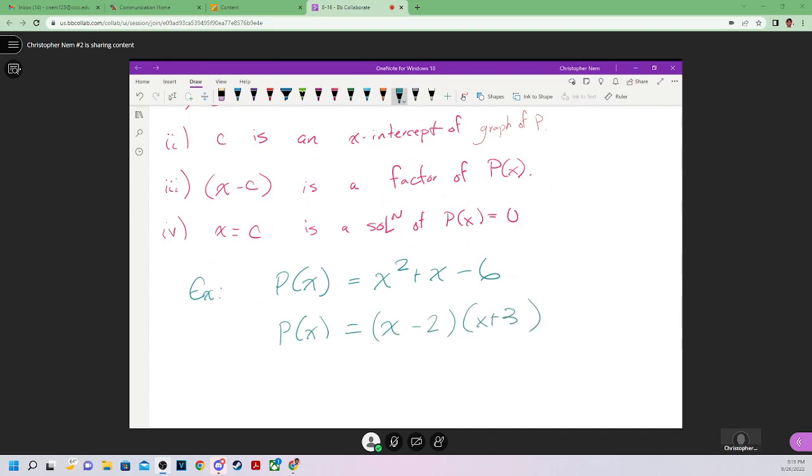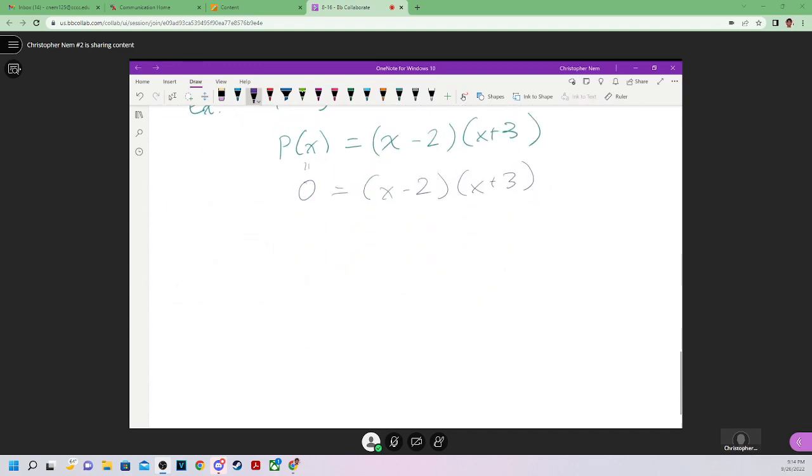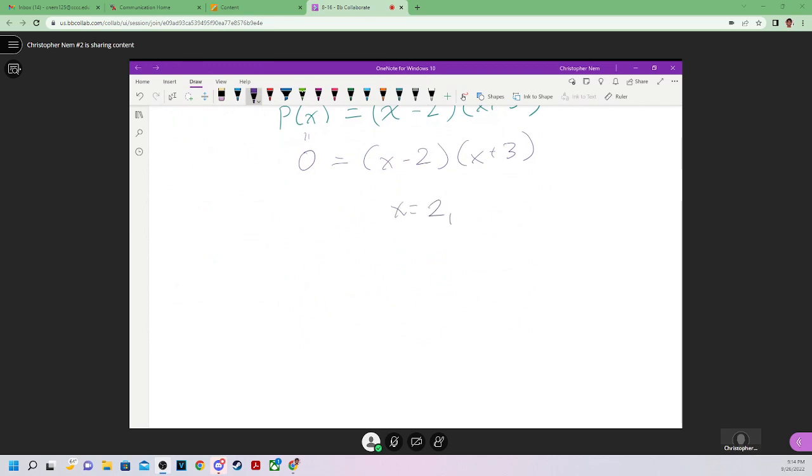I encourage you guys to practice that. You guys should be able to factor nicely. Now, if I set P of x equal to 0, I get x minus 2 times x plus 3 equals 0, and then I get x is equal to 2, negative 3.